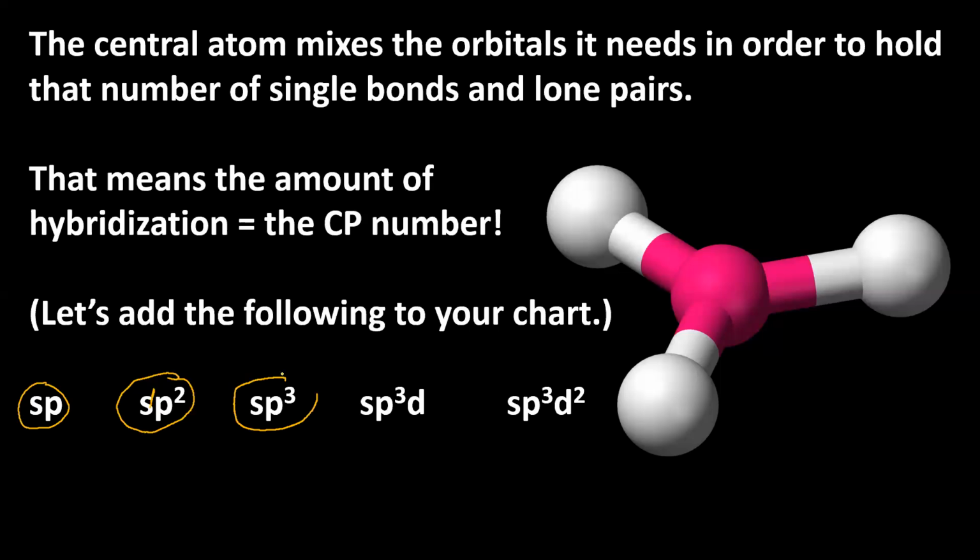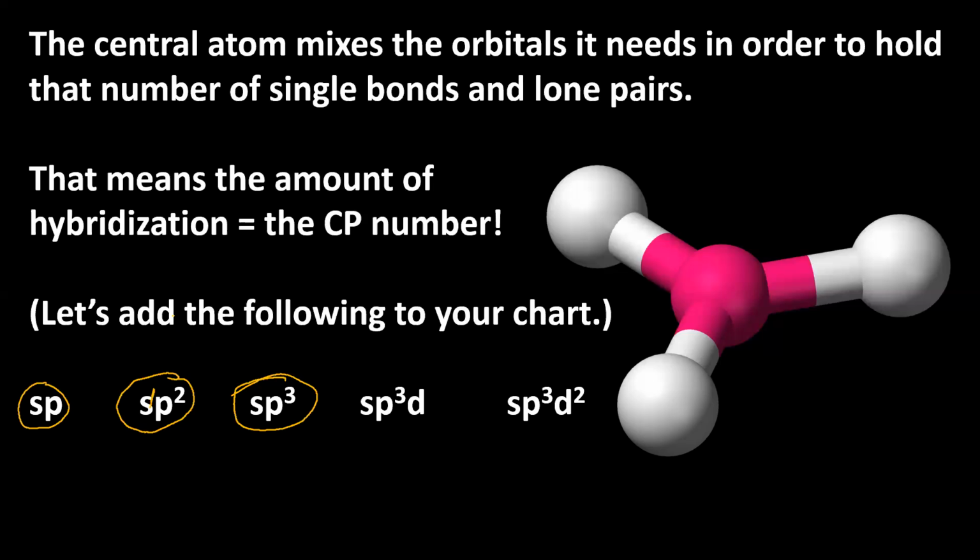So on your chart, everywhere that you have a CP of 4, you want to write SP3. SP3 hybridization. Again, remembering that the S has a 1 with it, 1 plus 3 is 4, and that gets you your central pairs number. So knowing your central pairs number, you can just add up until you get that number.